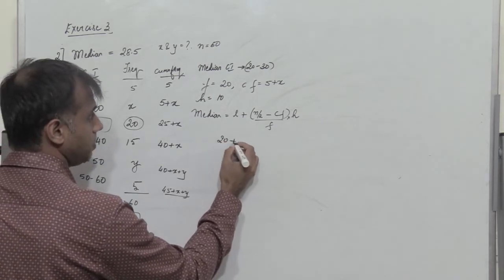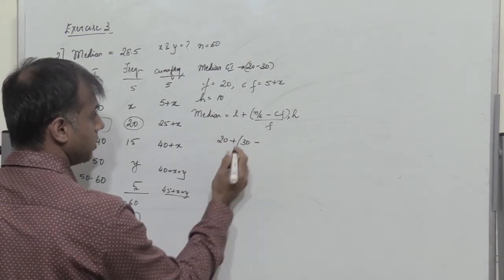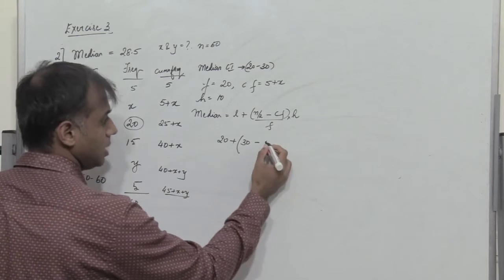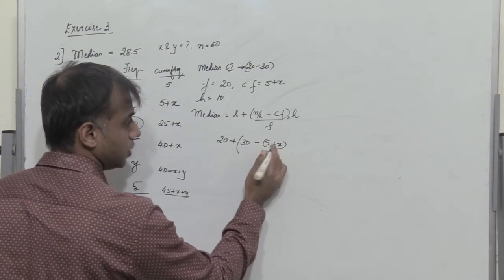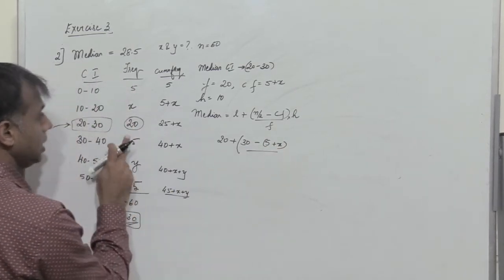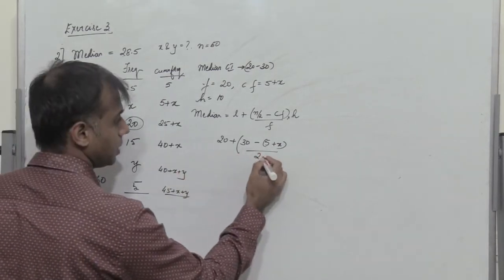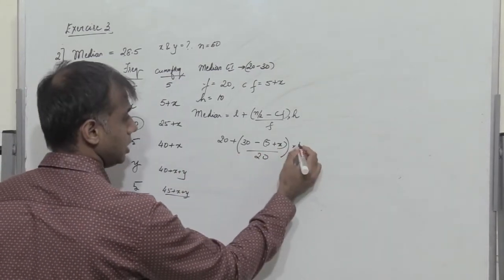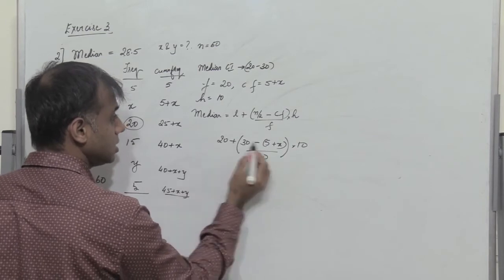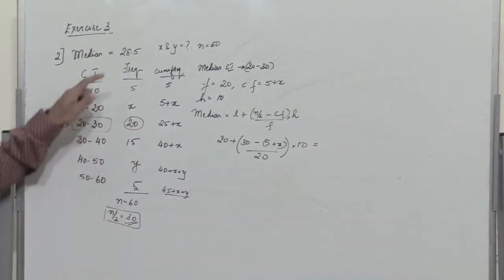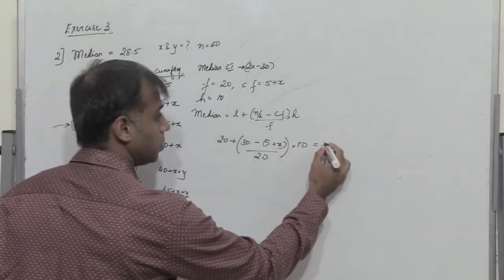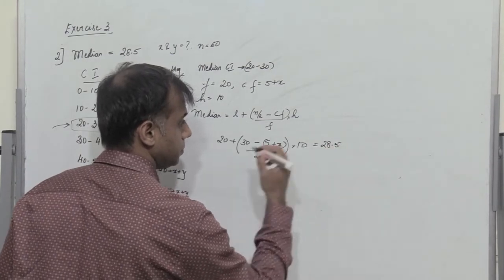So I have 20 plus n by 2, which is 30, minus CF. CF is 5 plus x. Do not forget to put the brackets here. And F is 20, into h, which is 10. This is equal to the given median value, 28.5.